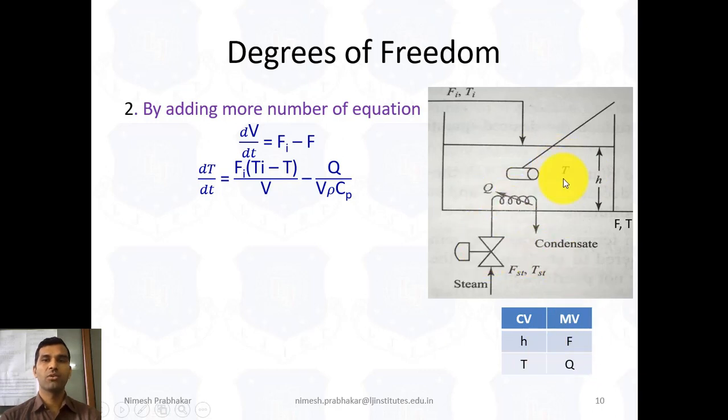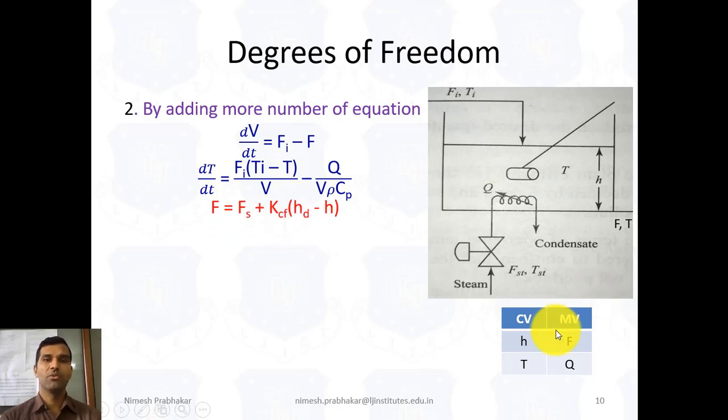So we can control the temperature and height. Now we can make an equation of the relation between H and F by a mathematical principle. By using that principle we can add an equation.